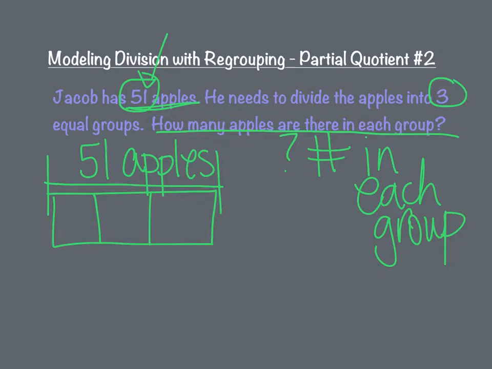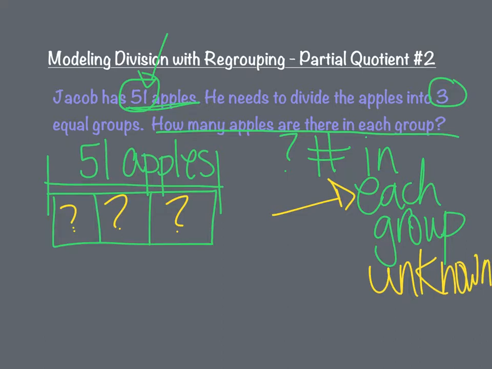Now, what number do I put inside the boxes? That's right. I don't know what number goes inside the boxes. That is my unknown. So I will be putting question marks inside all 3 of those boxes because the number in each group is unknown. That's what I'm searching for.